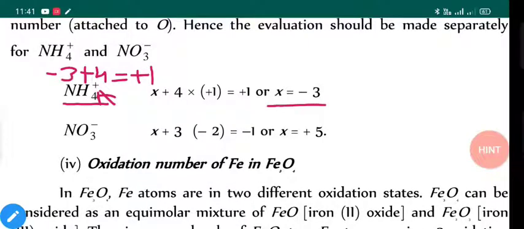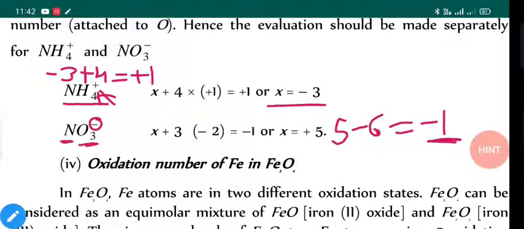So the oxidation state of nitrogen in NH4 plus is minus 3. In NO3 minus, the total charge is minus 1. We have 3 oxygens which give us minus 6 charge, and if we need total minus 1, then nitrogen should be in plus 5 oxidation state. So 5 minus 6 is equal to minus 1. So that's why the second nitrogen is in plus 5 oxidation state.